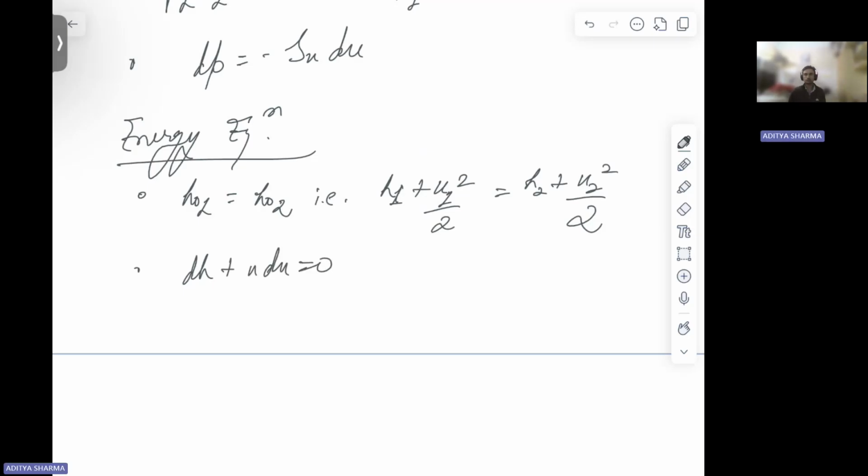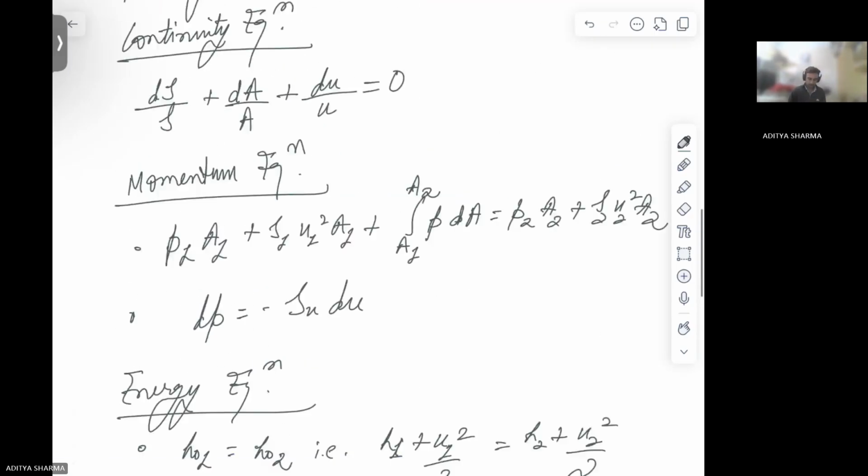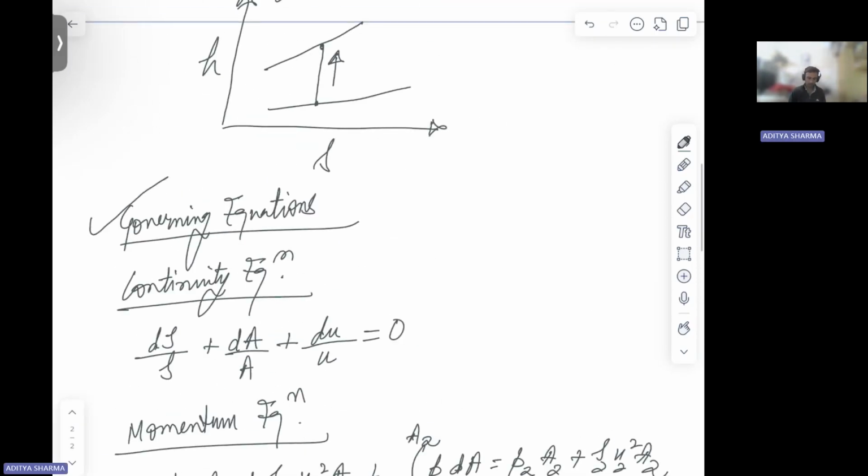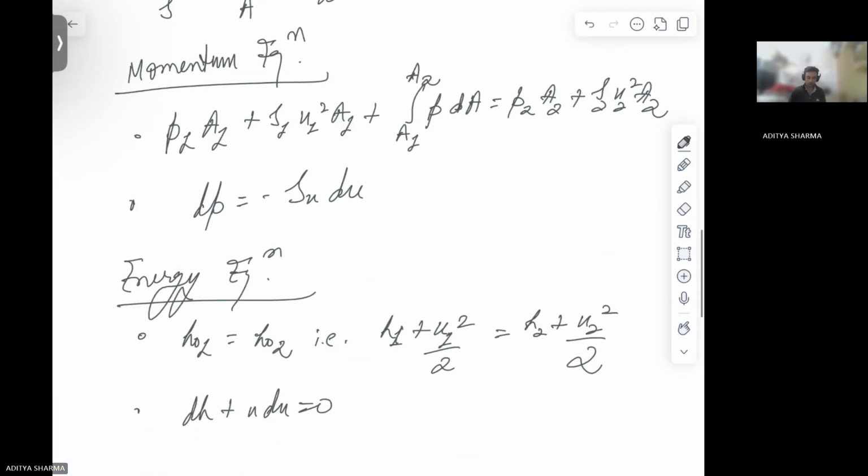So these are your conservation equations or governing equations for quasi one-dimensional isentropic flow.